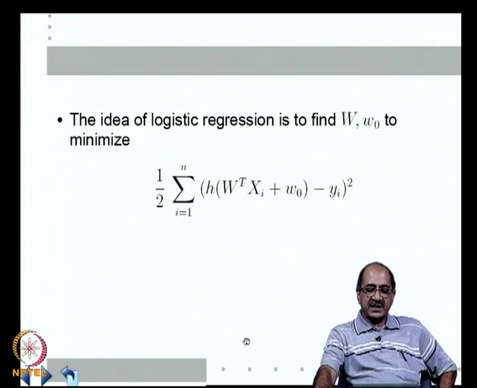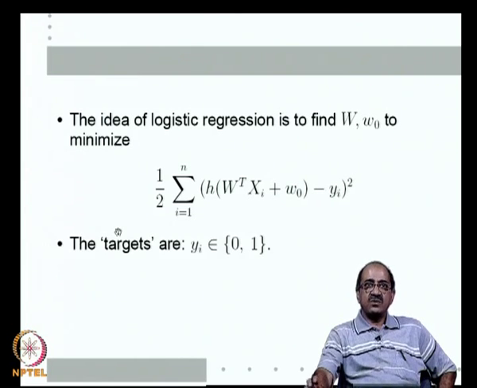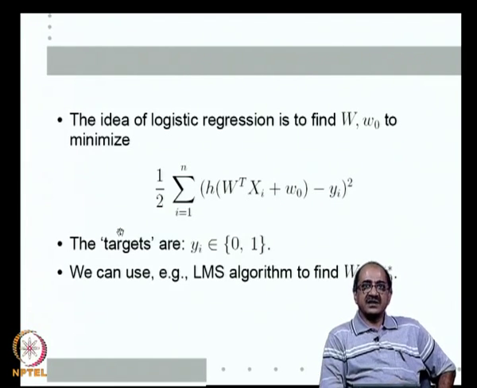In logistic regression, for the two class case, the idea is to find W and W naught to minimize the usual least squares criterion function, where instead of taking the model as the linear function W transpose x plus W naught, we are taking it to be h of W transpose x plus W naught. h is monotone and continuously differentiable, and hence using the LMS algorithm we can easily learn this.